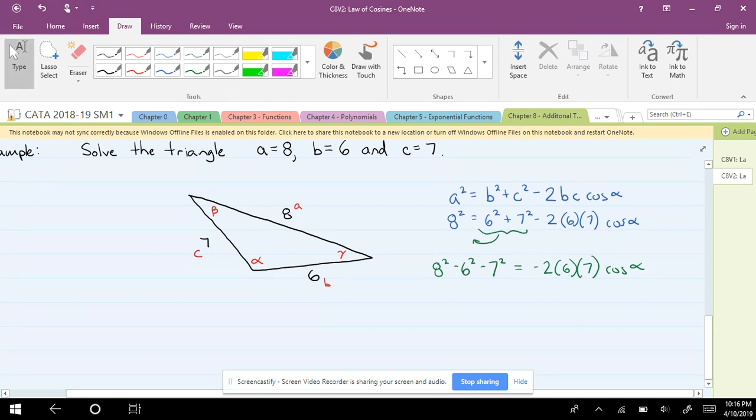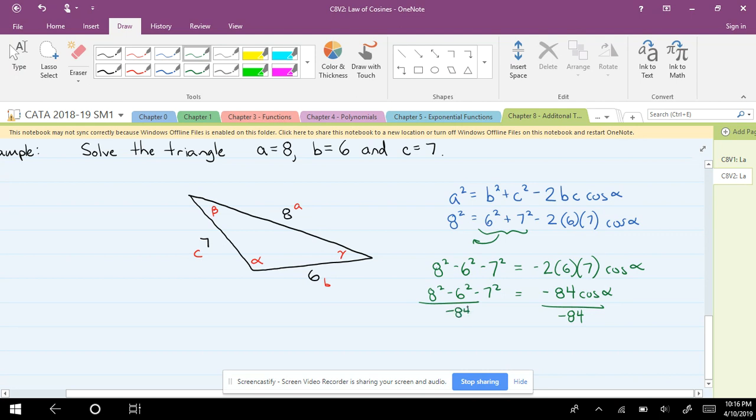Well, I don't really like that, so I have 12 times 7, which is negative 84 cosine alpha. And I'm just going to leave this exactly how it appears. I'm going to divide by negative 84.